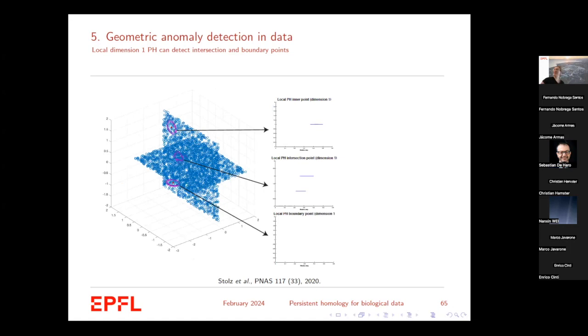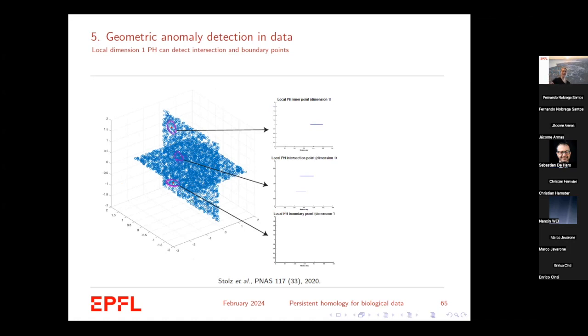The idea being that if you have points sampled from intersecting planes, then if you're at an inner point in such a plane, you will have one bar in dimension 1 coming from this annulus. If you're close to an intersection, you will have at least 2 bars. And if you're close to the boundary, far away from an intersection, you will have no bars at all.